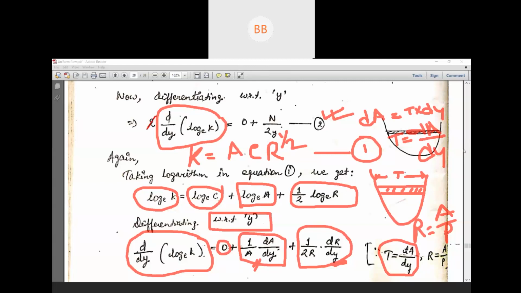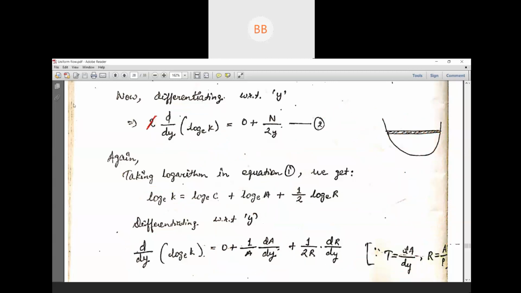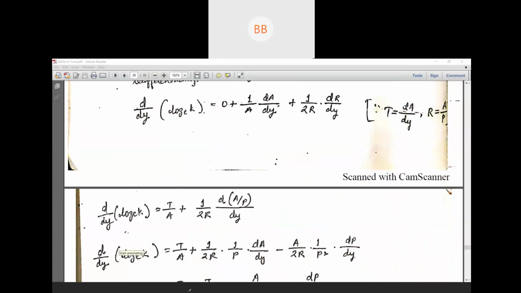So this left hand side will remain the same. Then 0 is there. Okay.